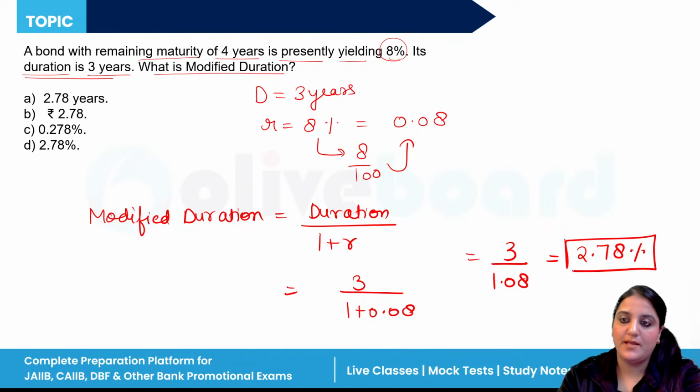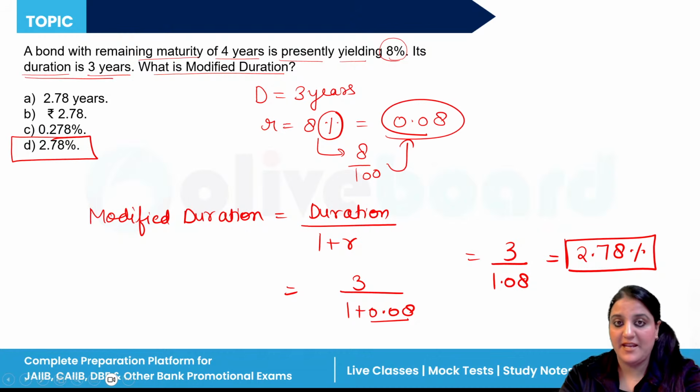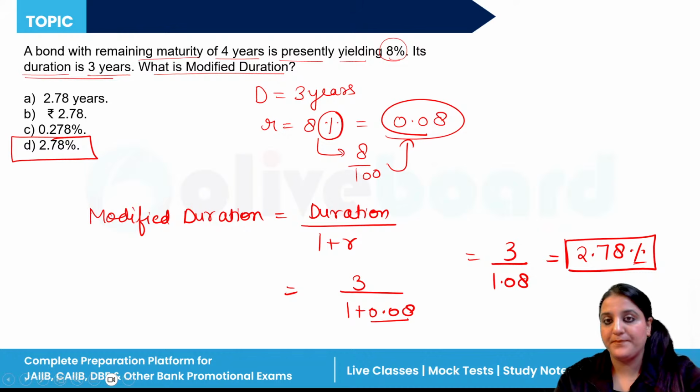So the answer is 2.78% here. We write this 0.08 as 0.08, but in actual it is a percent, so that's why we put the percent sign here, right? So this is the answer.